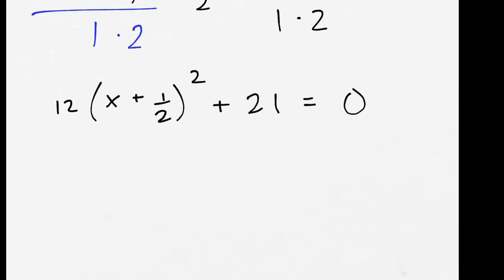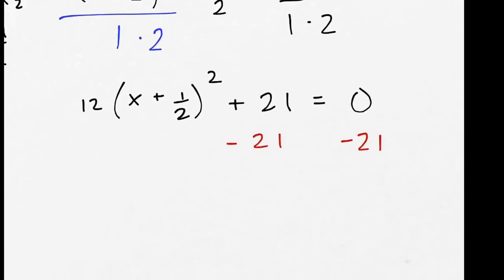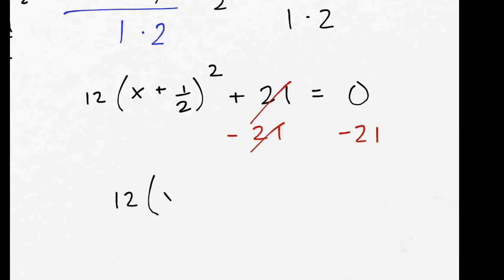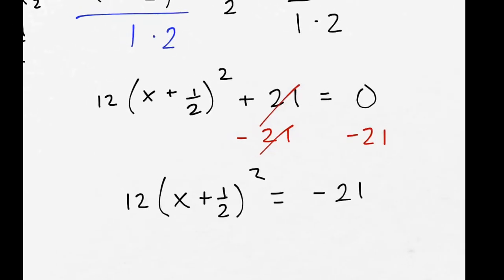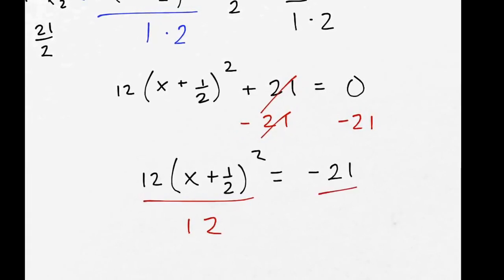So I will subtract 21, subtract 21, that goes away. And I have 12 times x plus 1 over 2 squared equals negative 21. I will take this and divide by 12. I will take this and divide it by 12.